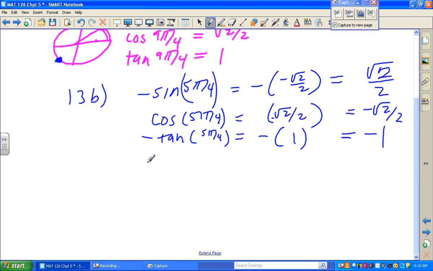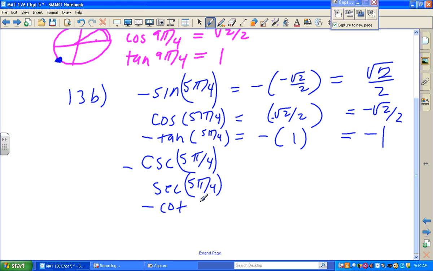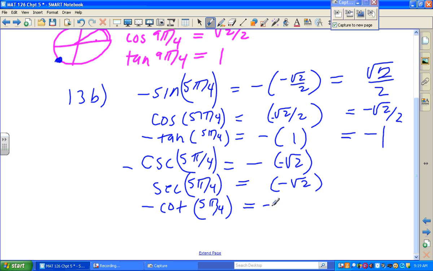For 13b, the cosecant, since it was odd, would be negative cosecant of 5 pi over 4. It would be just secant of 5 pi over 4, and negative cotangent of 5 pi over 4. Cosecant of 5 pi over 4 is negative square root of 2, secant is negative square root of 2, and cotangent is 1.